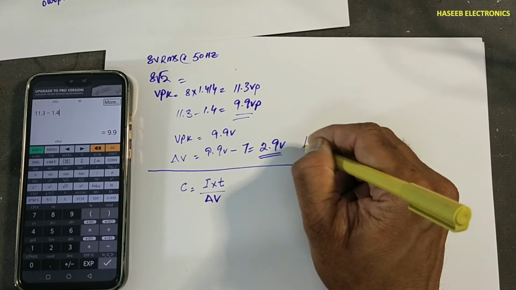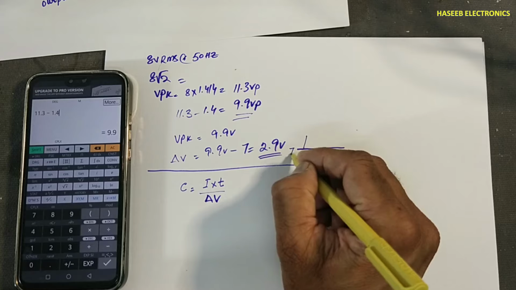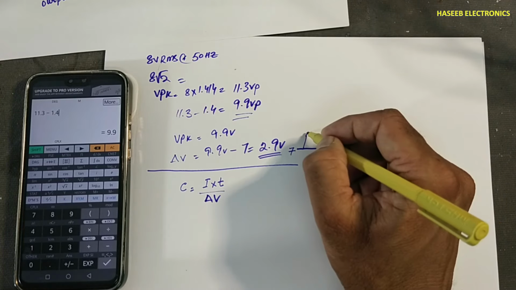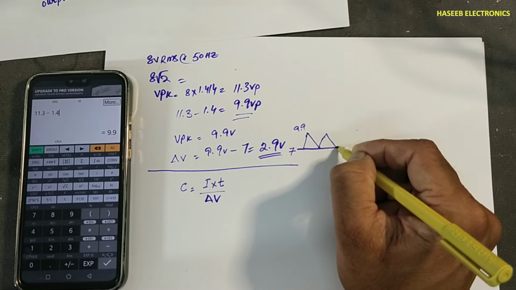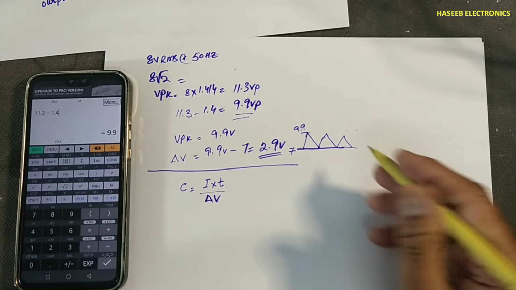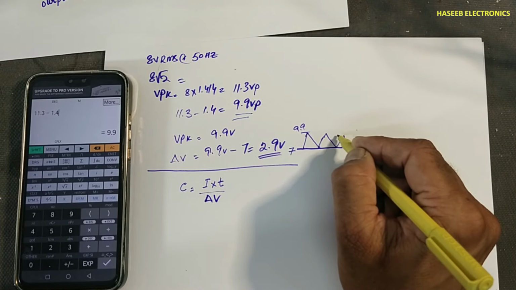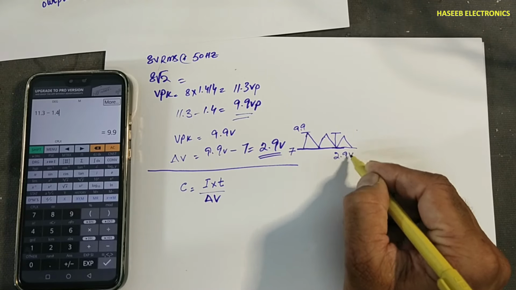This is our 7 volt line and this is 9.9 volt. Our peaks will look like this after rectification. So this variation from this point to this point is 2.9 volts.